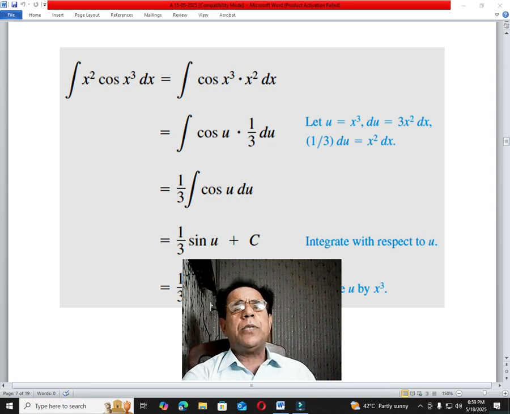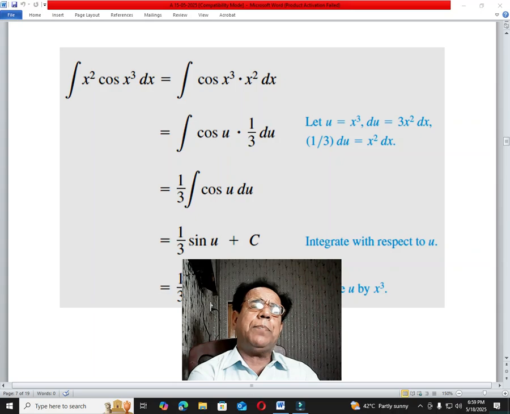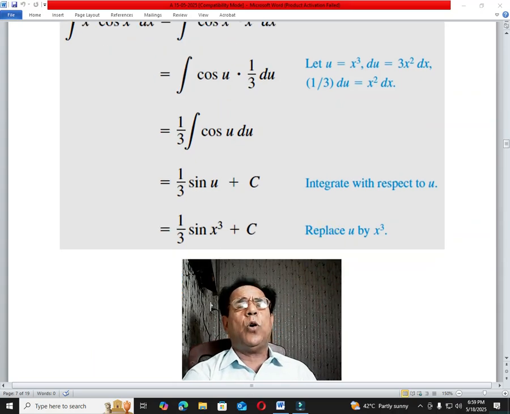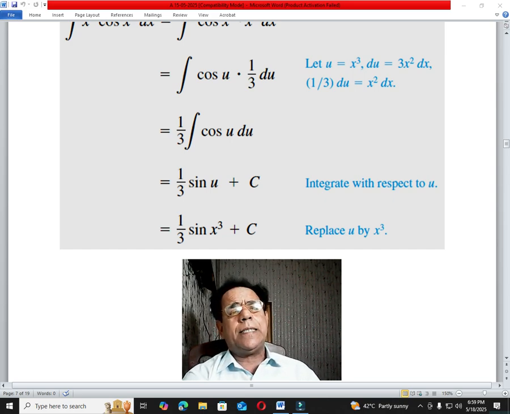Now we will solve this simply, because 1 by 3 is constant, we will take 1 by 3 outside the sign of integration, and then we will solve this according to the formula. We know that integration of cos u is sin u. Okay, and then after solving we will again re-substitute u by x cube.